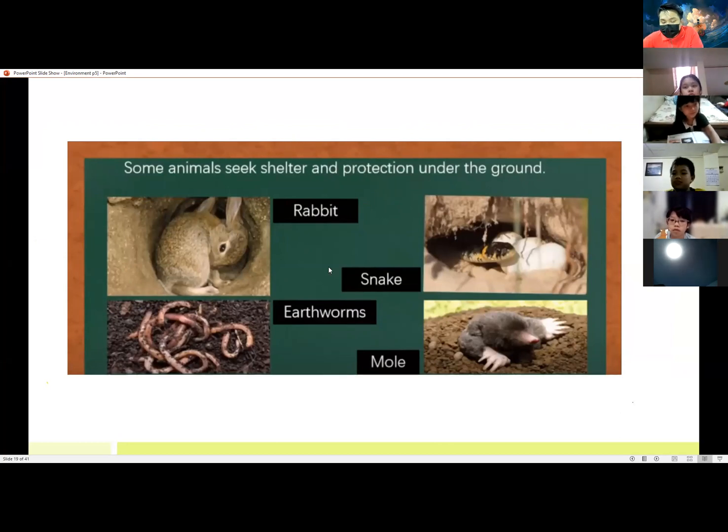They dig under the ground so that they can have their shelter and be protected from other animals. Just like the rabbit digs under the ground so that it can be safe from other animals like wolves, lions, and snakes.